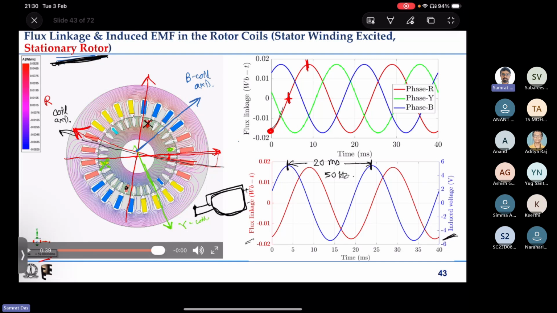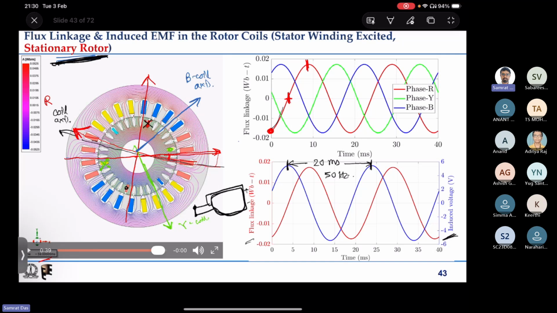So if we just inject 50 hertz current, or for that matter any frequency current, into the stator and place some rotor coils, then there will be 50 hertz of flux linkage in the rotor coils, then 50 hertz of induced EMF in the rotor coils.